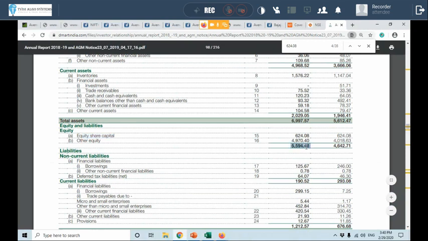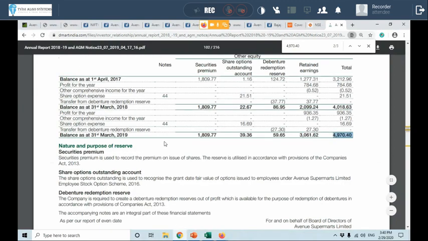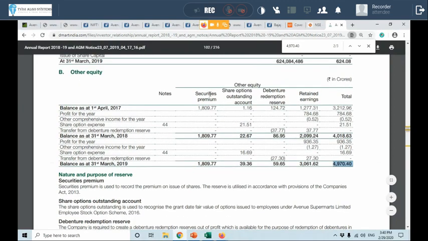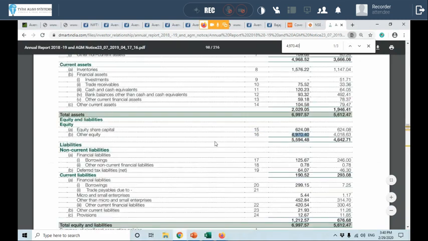So this is the total equity. See, this is securities premium, and these are other retained earnings and debenture reserve. I don't know what exactly these two are, but retained earnings are coming here. This can also be called reserves and surplus. So the equity that DMart has is 5594.